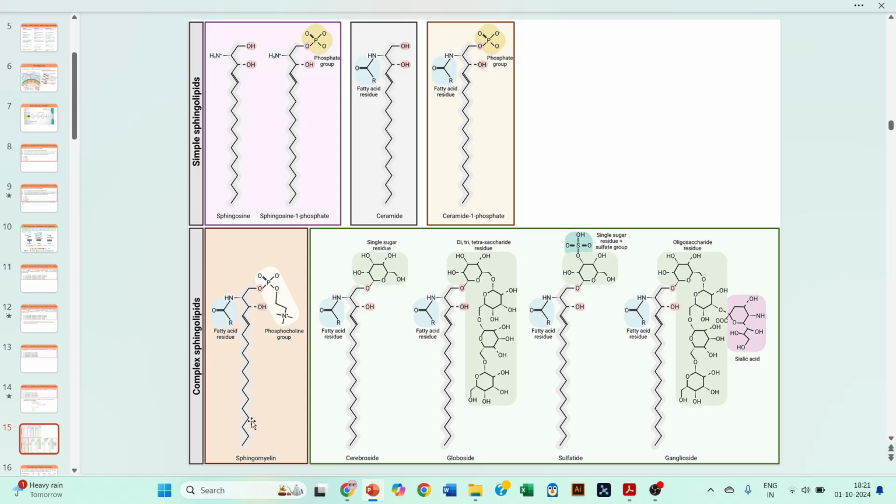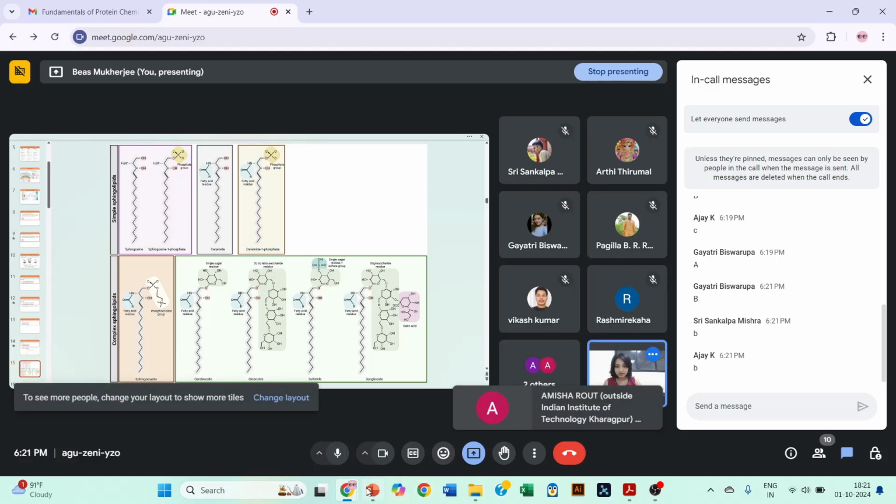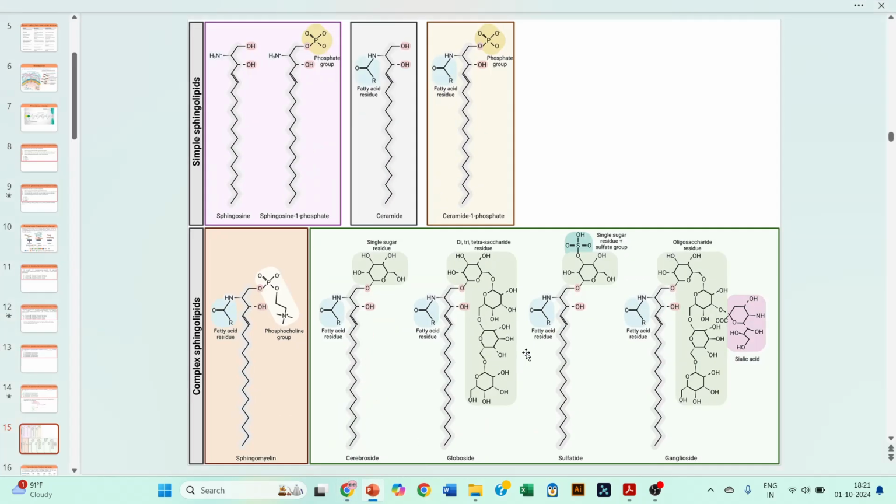This is your sphingomyelin, where you have this fatty acid moiety, and this is the long chain, and here is your phosphocholine group. So this is the hydrophobic tail, and that is the hydrophilic head. Okay, right. Now we'll go to the next question.